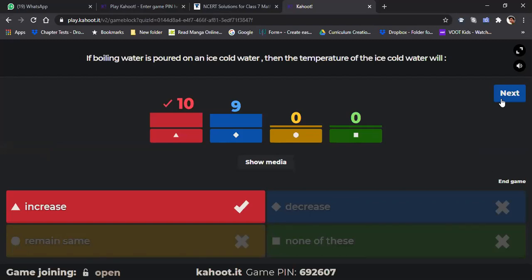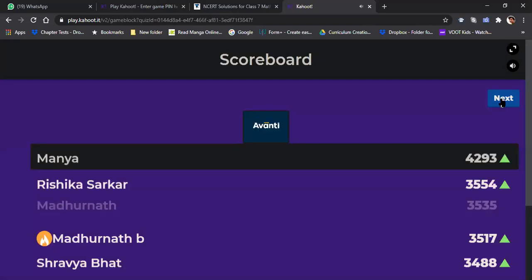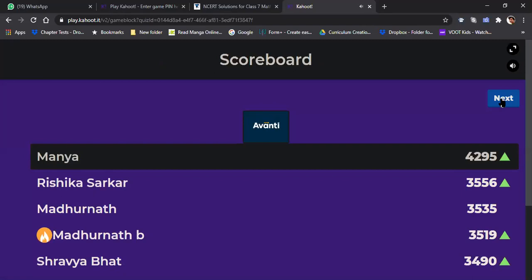If you keep coffee in your room, the coffee will get cold. But if you keep ice in a room, then it will get warm. The temperature will increase. Okay, let's see the scores. Manyata, first position. Very good.